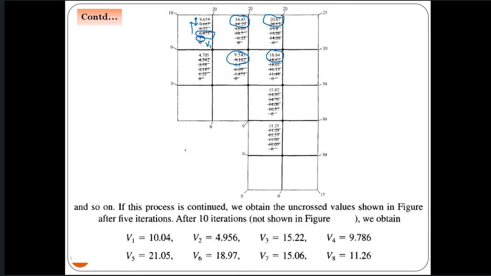Finally, at the end of 10 iteration steps, V1 is 10.4, V2 is 4.956, and the potentials of all 8 free nodes are calculated. They are like this.